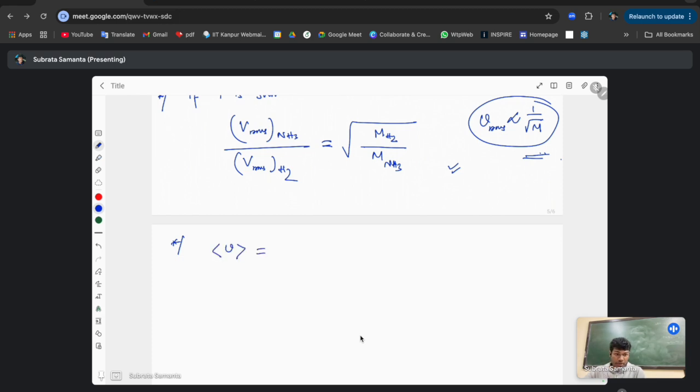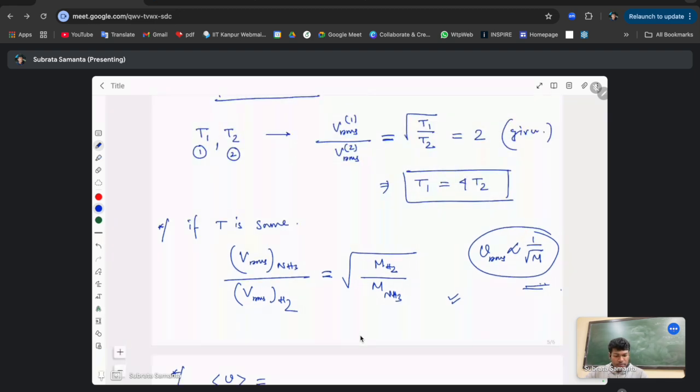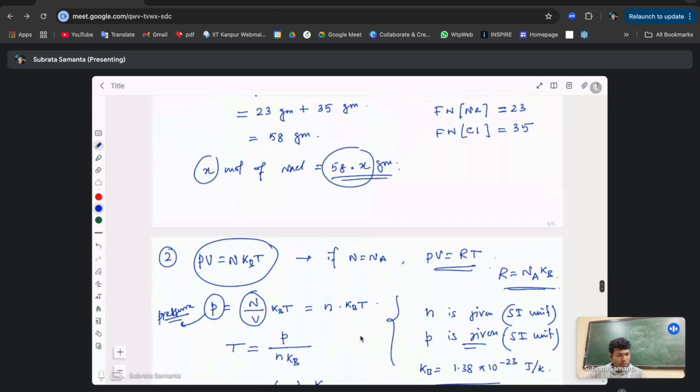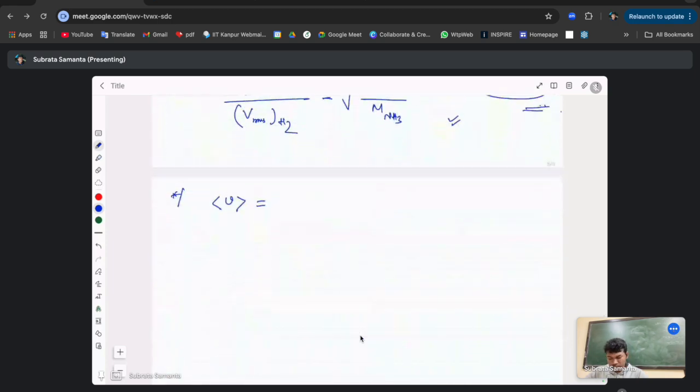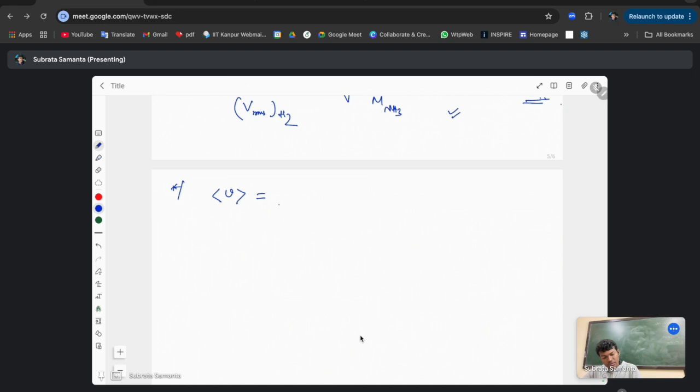This one is the RMS, VMP is the most probable, and another is the average velocity, whose formula is the square root of 8kBT over pi m. All of them are proportional to the square root of T and to 1 over the square root of m, but the coefficients are different.